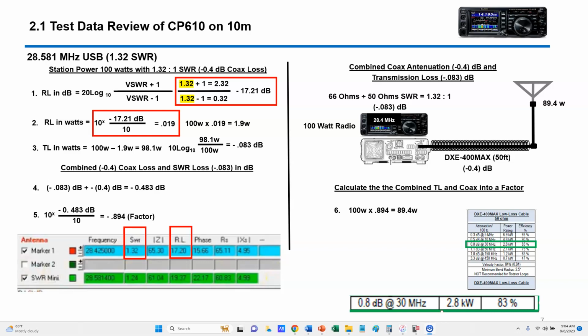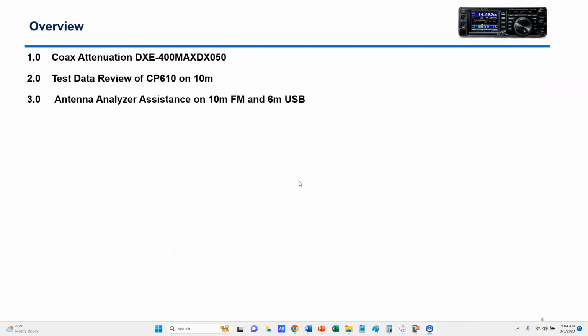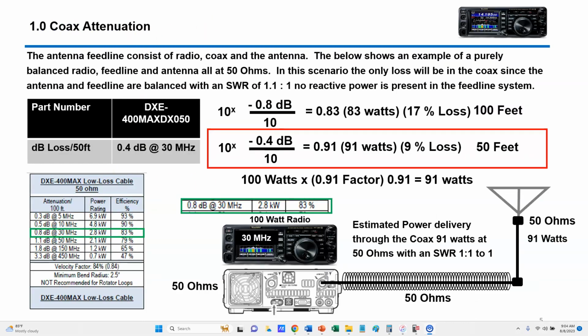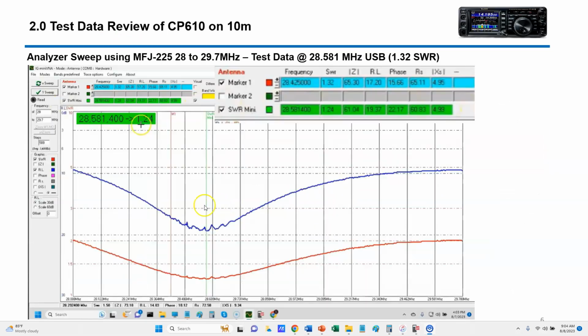That's a piece of the puzzle that you have to know. So you're going to have to, at some point, locate your coax data sheet and find out how much dB loss is per 100 foot, which is typically the way it's given. And then if you buy a 50 foot, divide it by 2. If you buy a 25 foot, divide it by 4. And then of course you'll come up with a factor, so you have a factor of 0.91 for the coax loss.